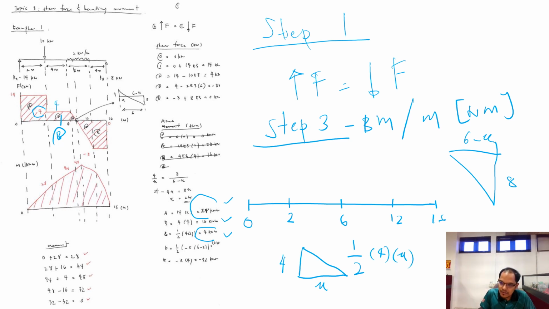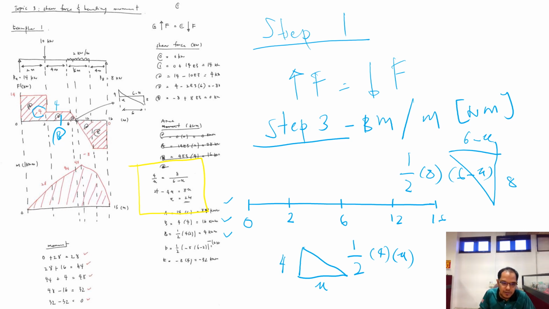And for the other, half multiplied by 8 and multiplied by 6 minus x. So the very big question now is how to find x. You can go by using this equation. Simple, yeah.